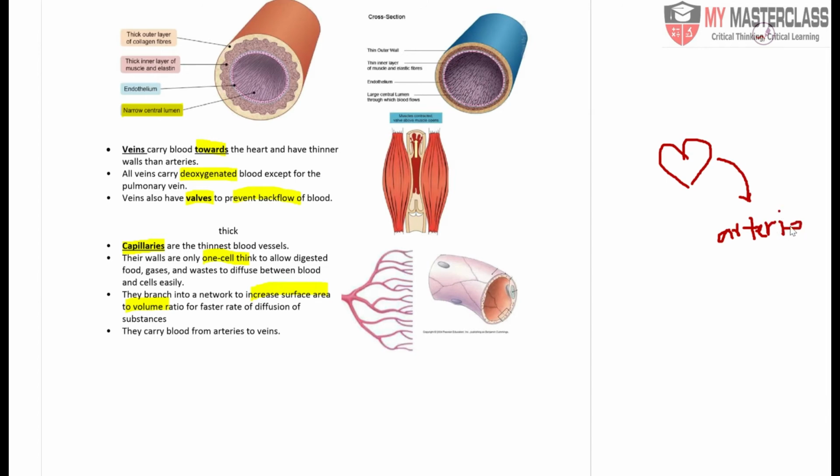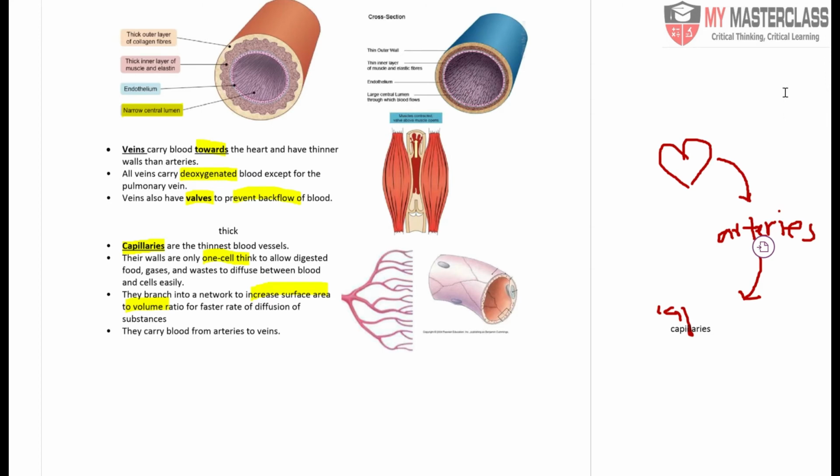Okay, the arteries will gradually become narrower and give me my capillaries. The capillaries will be able to transport useful substances such as oxygen and nutrients from the digested food into the surrounding cells.